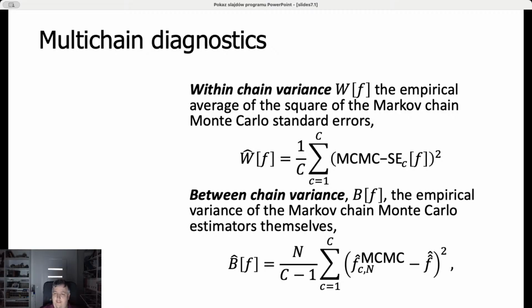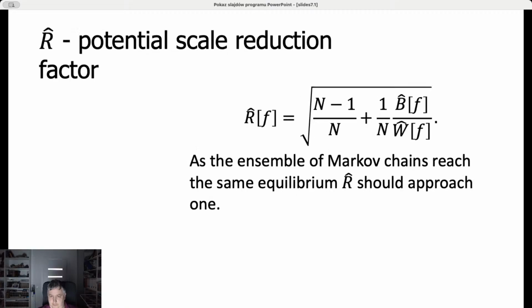The idea is how much a given chain varies by itself, and what the differences are between the chains. That can be used to check if sampling is proper, if the Markov chains are behaving properly.